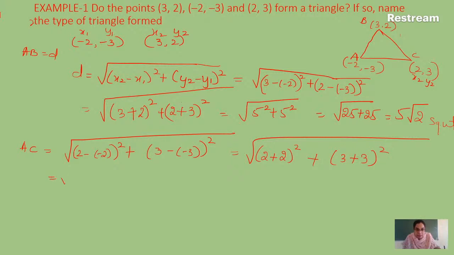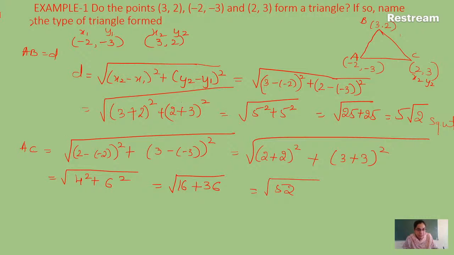Then 4 square plus 6 square, that is nothing but 16 plus 36. Is it right? 16 plus 36 is 52.